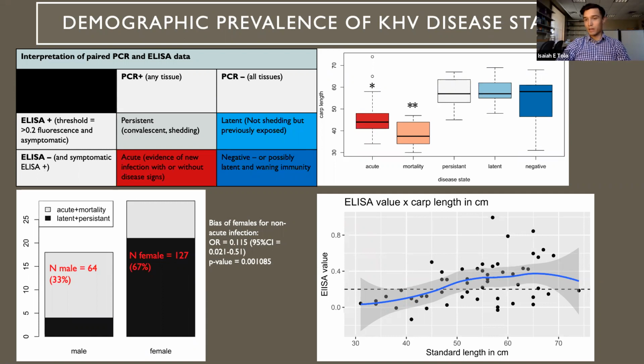But what's interesting about KHV, and with fish diseases, is that just because you have antibodies to it doesn't mean you can't spread it anymore. So not only are these fish immune to the virus, which means that we can't kill them with KHV, they have to be taken out with a different method. They're a sitting reservoir of KHV that can infect the younger population that doesn't have immunity yet. So it's kind of like a double-edged sword here.